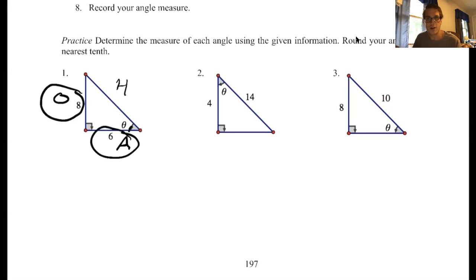Thinking about our trig functions again, what relates O and A? Well, that's TOA, right? Tangent of angle theta is equal to the opposite over adjacent, or in this case, theta is going to be equal to the inverse tangent of opposite over adjacent, 8/6, right? And then we just need to plug this value into our calculator.